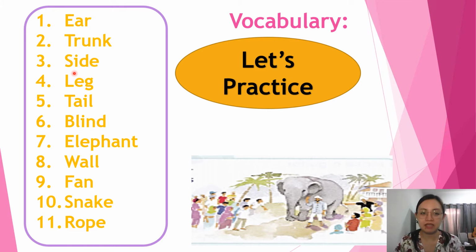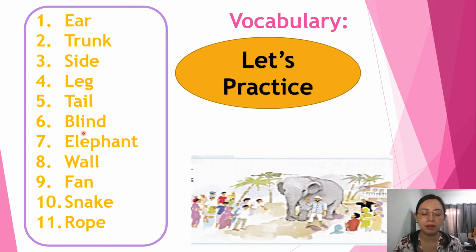It is very hard and rough. Next, leg. Leg. Will you repeat after me? Next, tail. Tail. Will you repeat after me? Tail. Very good. So the tail of the elephant is also long.